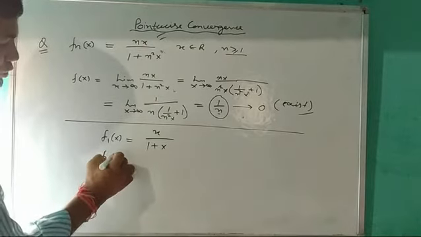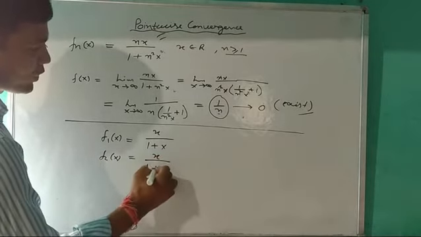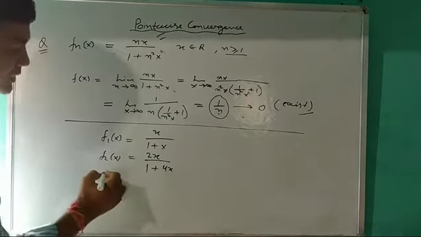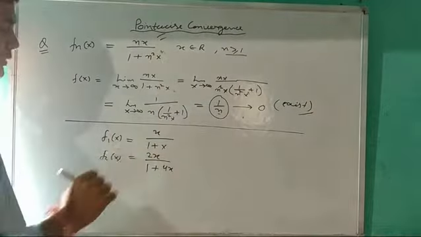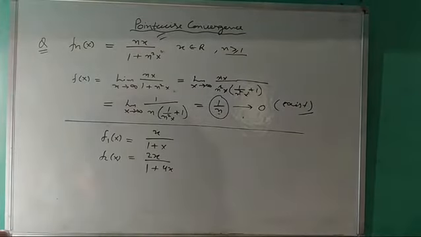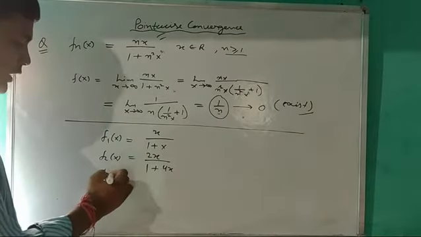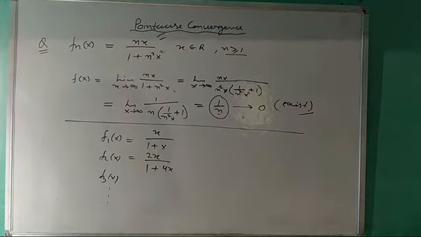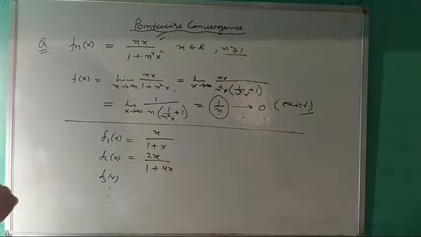When you put 2, then this is 2x upon 1 plus 4x. Similarly, when you put 3, and x belongs to the real numbers, it means for every real number, every function f1, f2, f3 and so on, the limit of every function must exist.